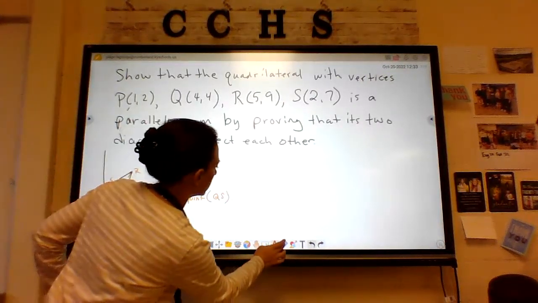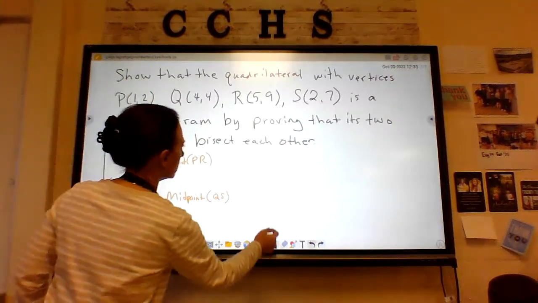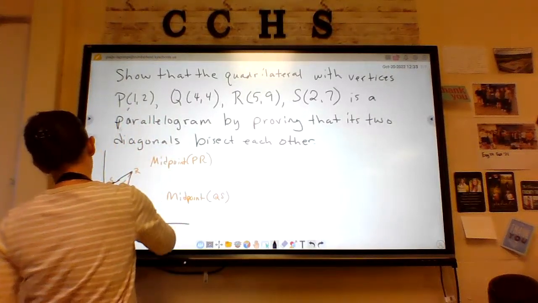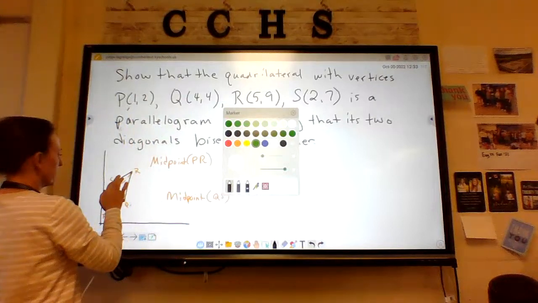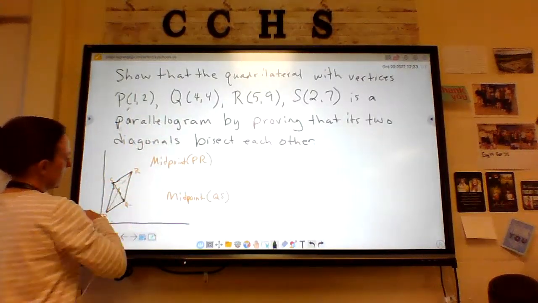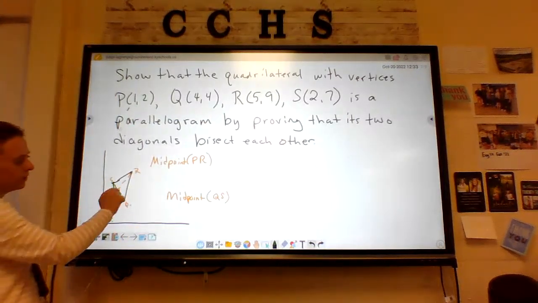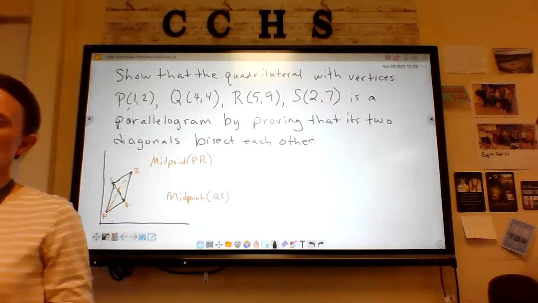Let me change colors here. So we want to know this line and the yellow line. We want to know if these are equal and those are equal, right? If they bisect each other. They don't have to be equal to each other, but their midpoints will have to be in the same place if they're bisecting each other.